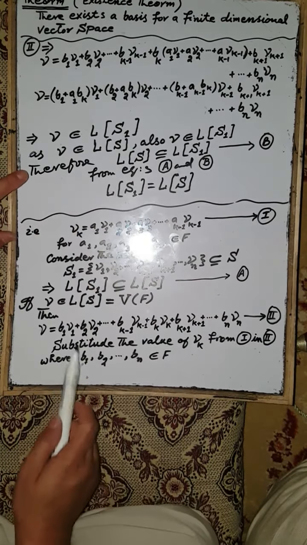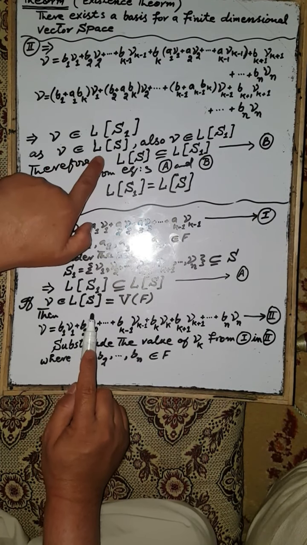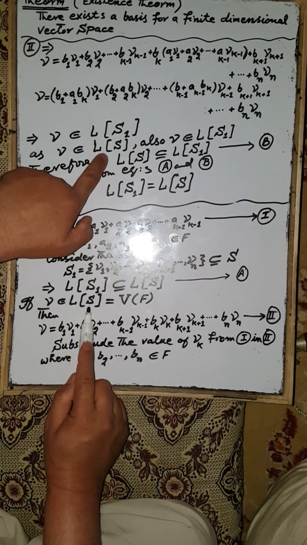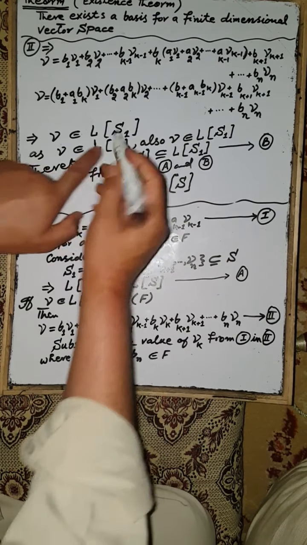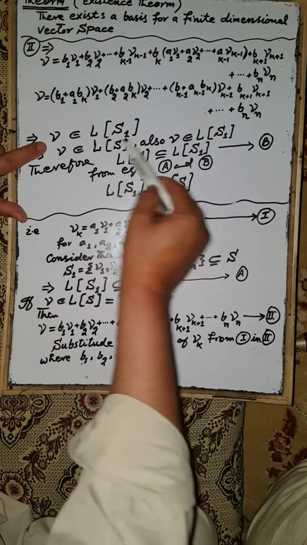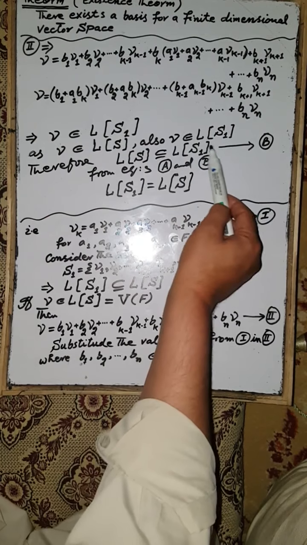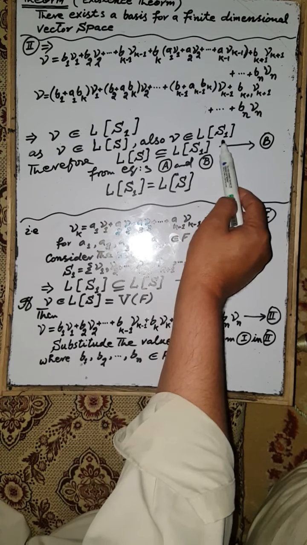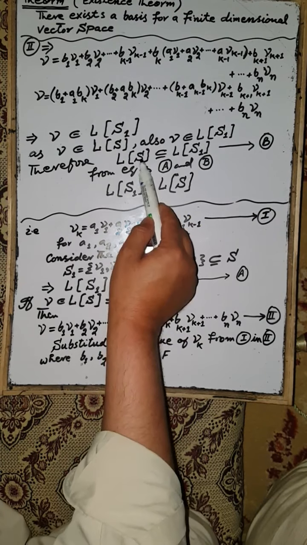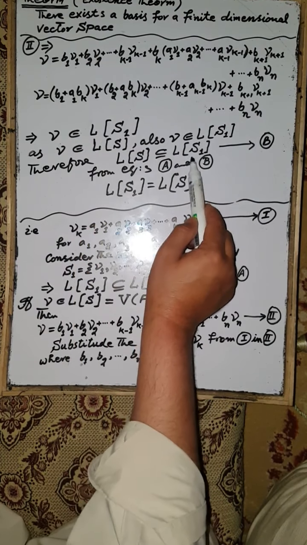As v is an element spanned by the set S, also this element v is an element of the set spanned by S1. Therefore, the set spanned by S is a subset of the set spanned by S1.